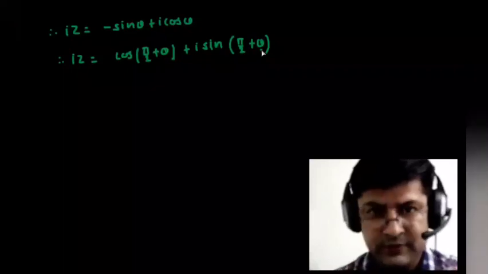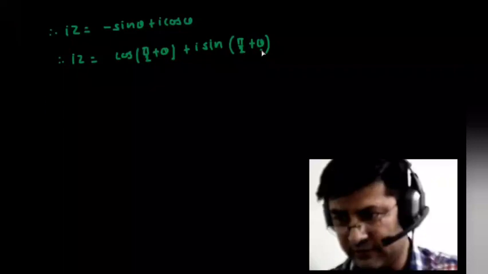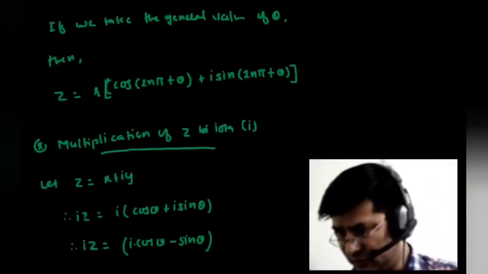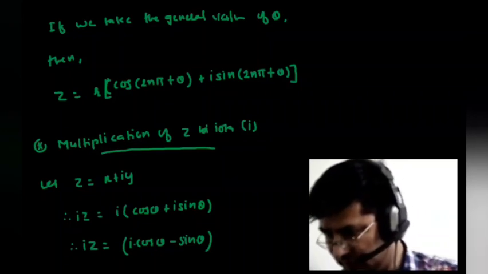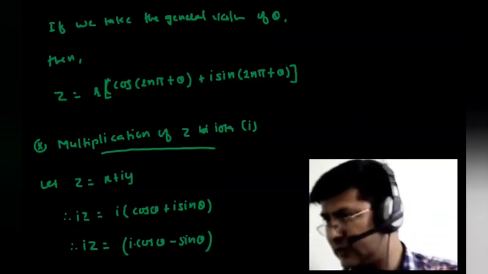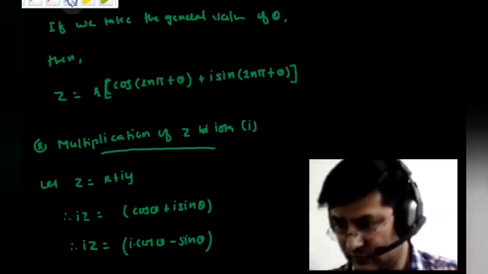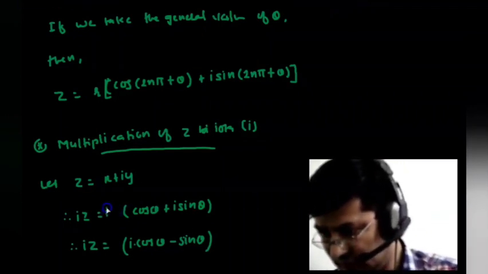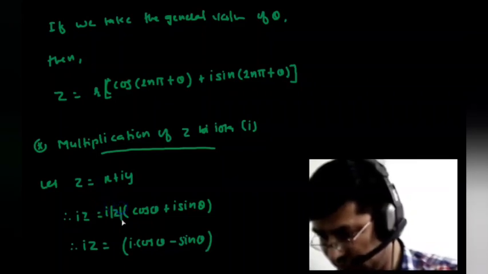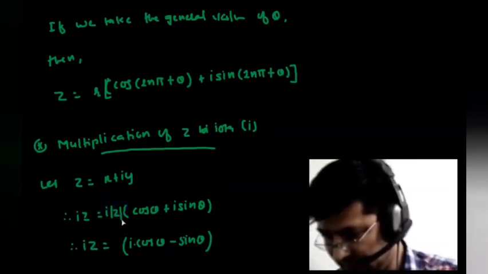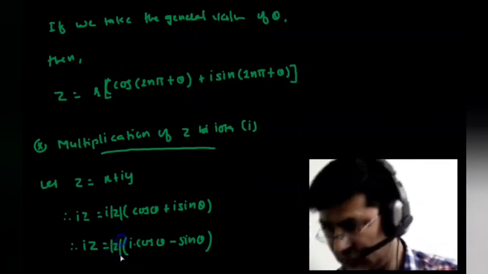So we got the value of iz. Here we forgot to put one thing, the modulus of Z. Yes or no? i into modulus of Z. So modulus of Z will be there.